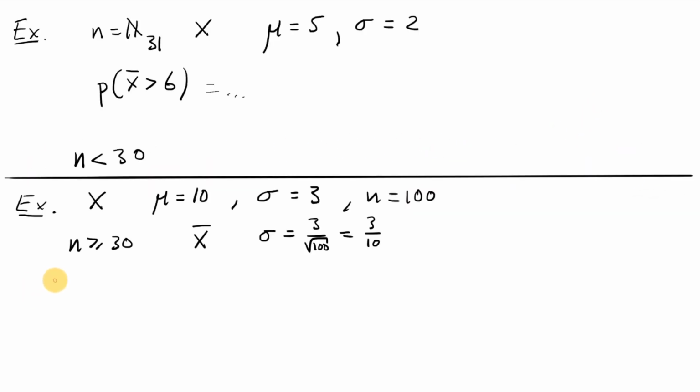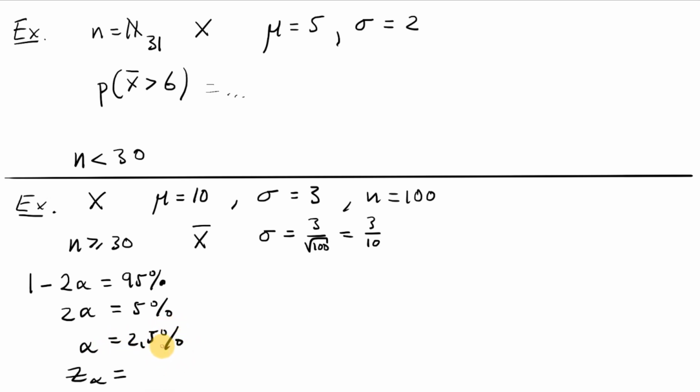And let's say we want to find out with a probability of 95%. And that means that alpha is 2.5%, which means that set alpha is 1.96 by checking in the table.